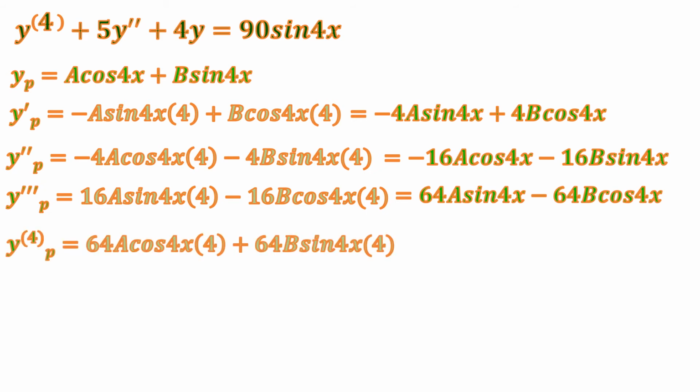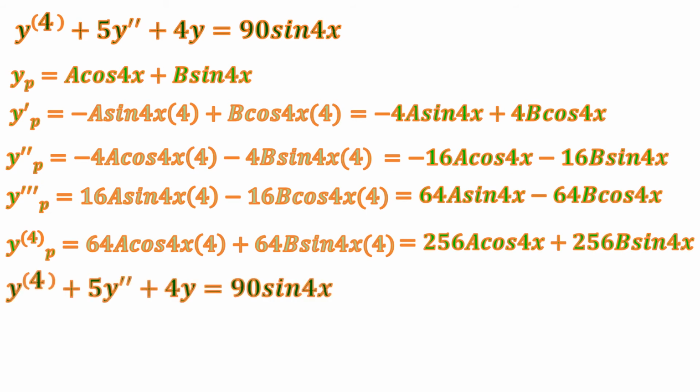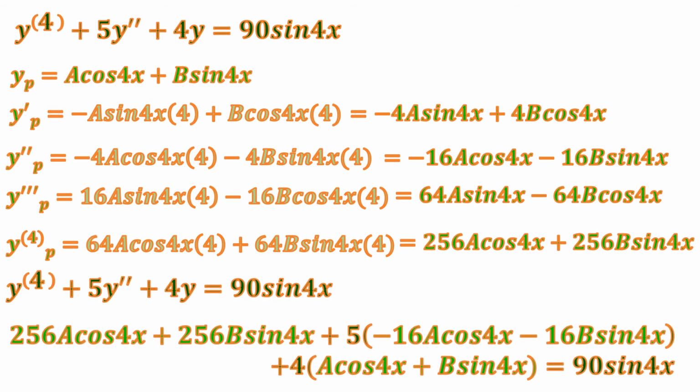And last, we're gonna have the fourth derivative because our expression is up to the fourth derivative. So the derivative of sine is cosine, and derivative of cosine will be negative sine. So the second term will be now positive because it is the derivative of cosine. So let's multiply the constants. 4 times 64 is 256 for both, and then we will substitute. From the given, we will substitute all.